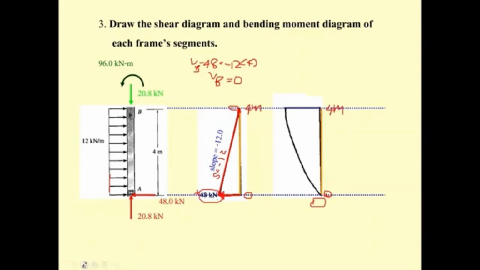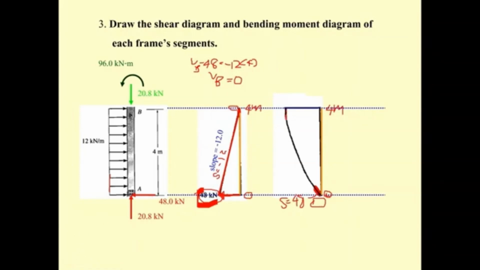The slope here must be equal to this 48 because dM/dx equals V. Up until this point we have the slope equal to 48, and then the shear changes from 48 to 0.